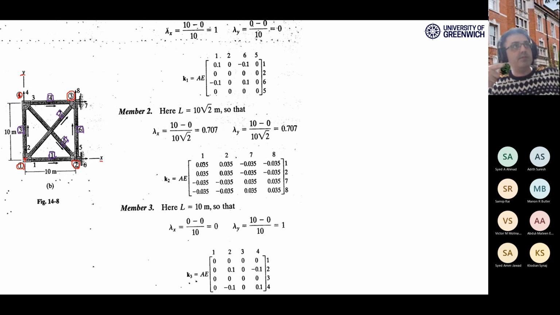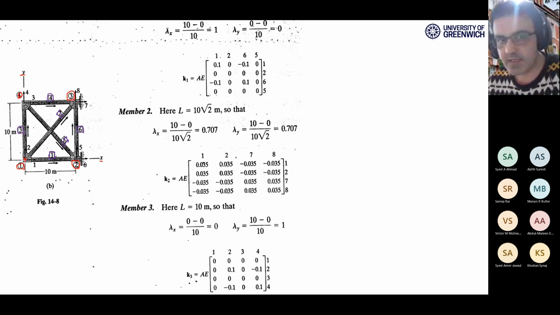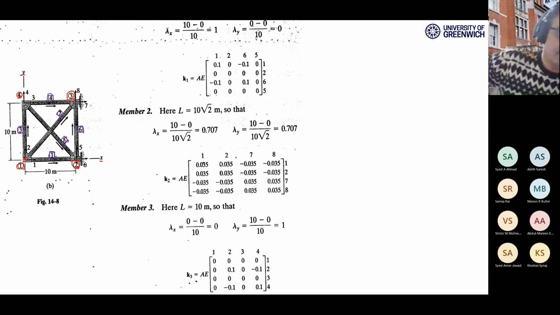And I strongly recommend that when you're doing this on a piece of paper, use different colors of pens. For example, place some convention for yourself, like I use red for joints, blue for members, and another color for degrees of freedom. With different colors, the likelihood of making mistakes will be minimized somehow.